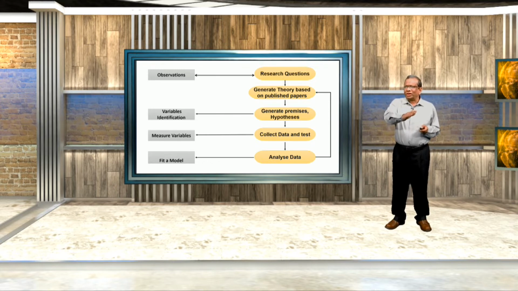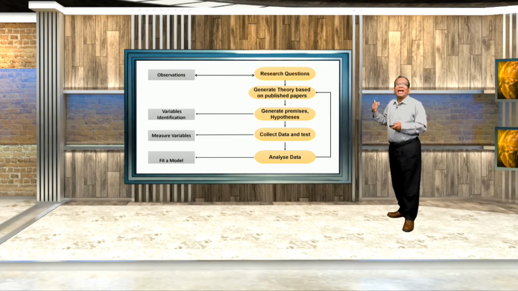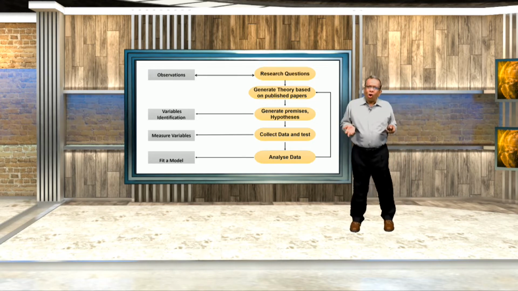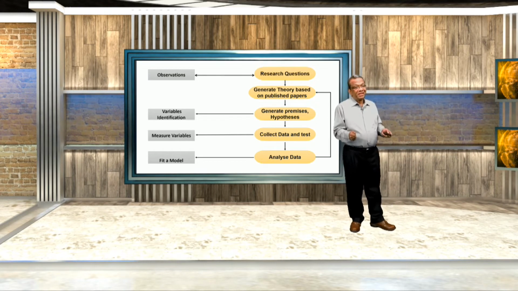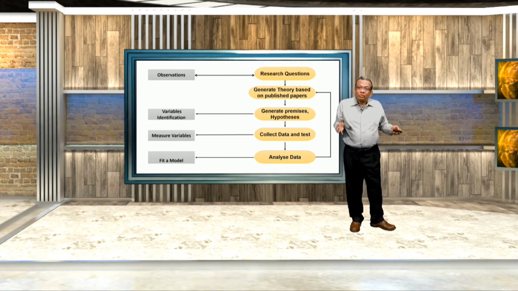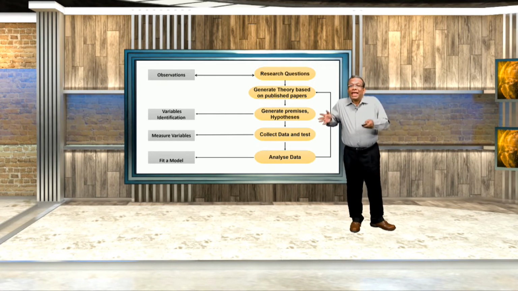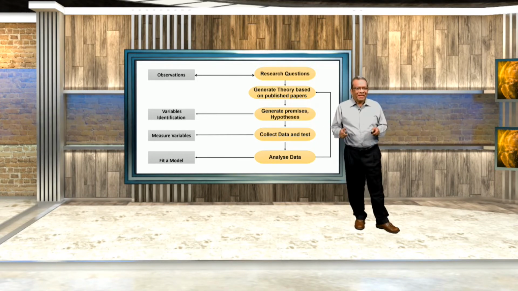Therefore, based on these theoretical aspects, you generate premises and hypotheses. These hypotheses are basically going to be your prediction of how the various variables that you have identified are likely to impact the outcomes.